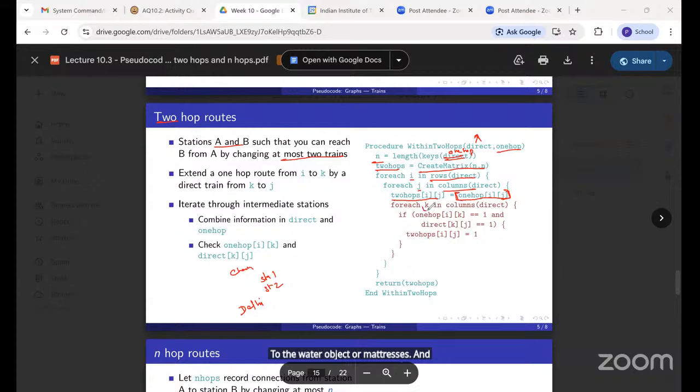And now again, I'm iterating through the columns of the direct matrices. Now what it is doing is one hop of ik and direct of kj. But why are we checking with one hop of ik and one hop of kj?